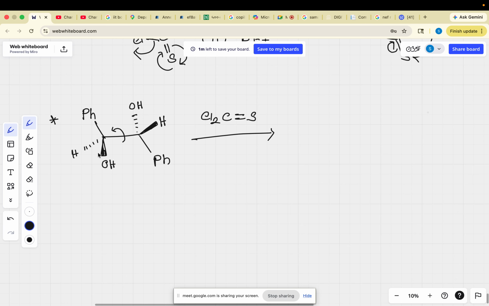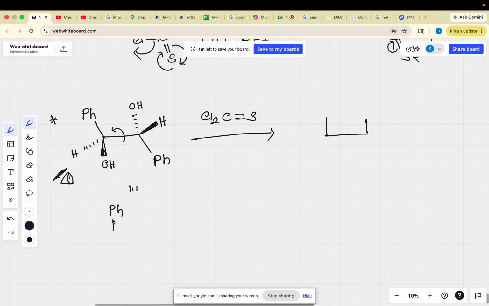So if you rotate via this bond, suppose I am rotating only this front carbon, so what will happen? Okay, if I draw it in Sawhorse projection, how will it look? Suppose you are watching the molecule from this side. So here you have phenyl, this phenyl.